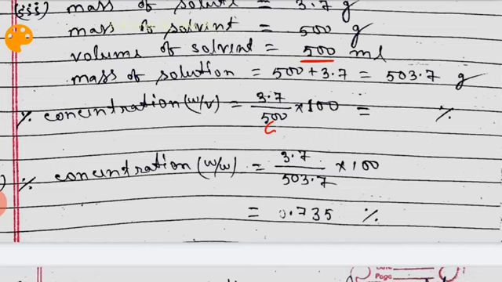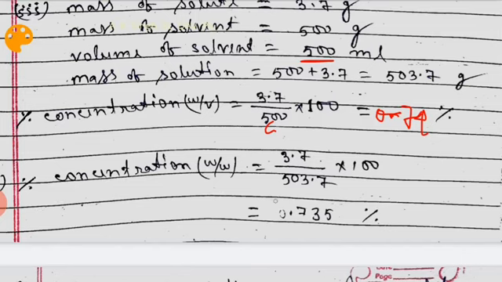It will be equal to 0.74, that is 0.74%.